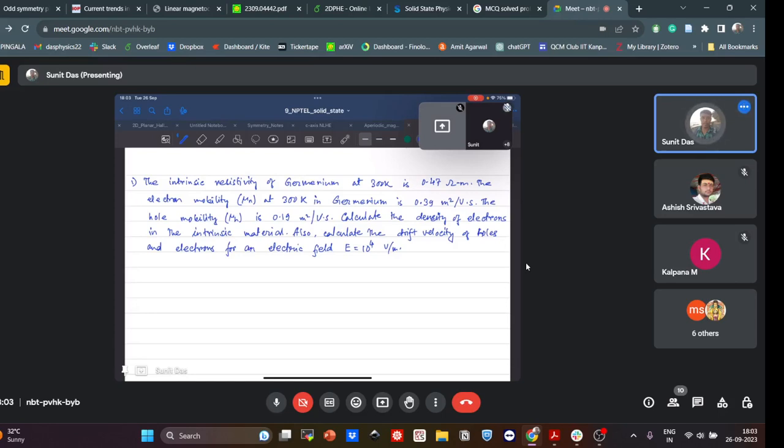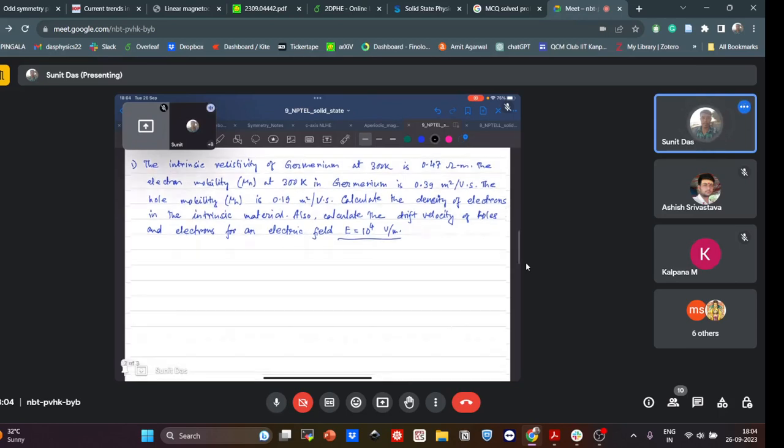Now we need to calculate, number one, the density of electrons in that intrinsic germanium, and after that the drift velocity for both the electrons and holes, given the electric field is 10 to the power 4 volt per meter. So again, same formula that we used in the last session will be applied. Try to solve and write the answers in the chat box.